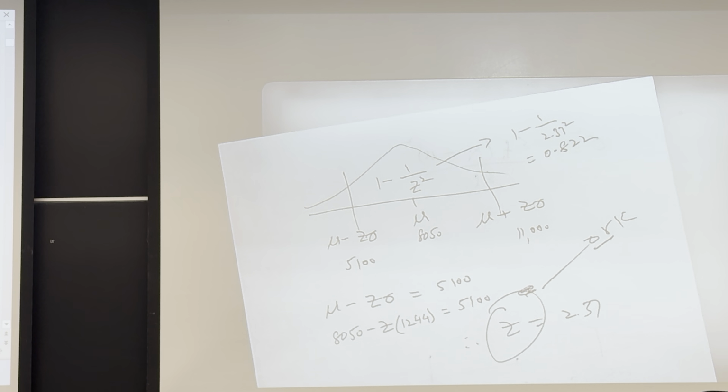Total probability is going to be 100% of all the outcomes of any experiment. So 80% probability of getting an A means 20% probability of not getting an A.